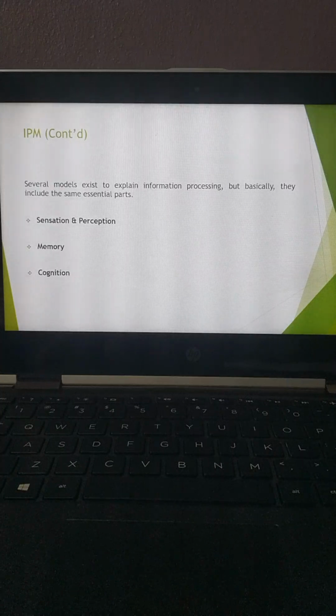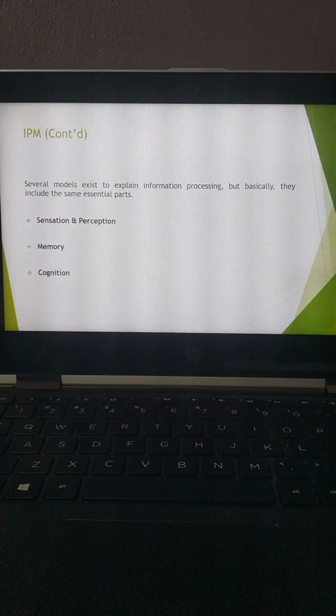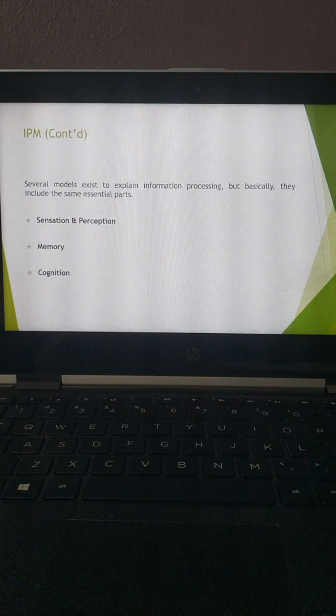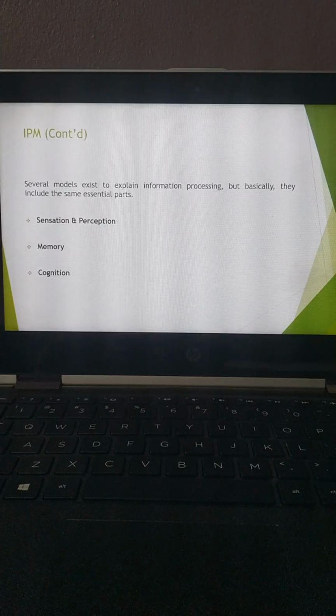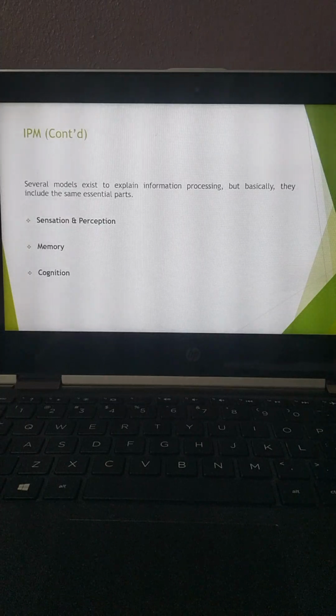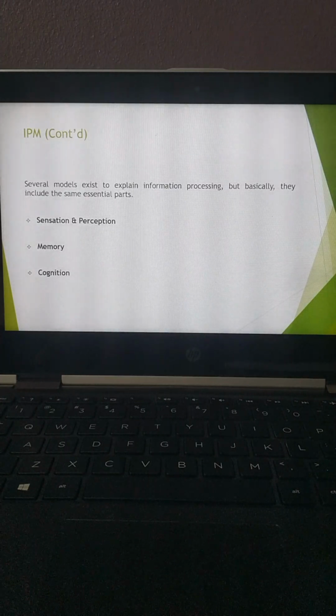Sensation has to do with becoming aware of the information around you. It is when you become aware, when you recognize the information, that the corresponding sense organ is stimulated. Sensation is the awareness of the stimuli, which in turn results in the stimulation of a sense organ.